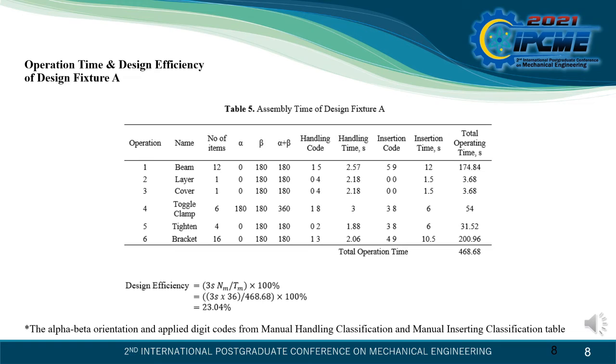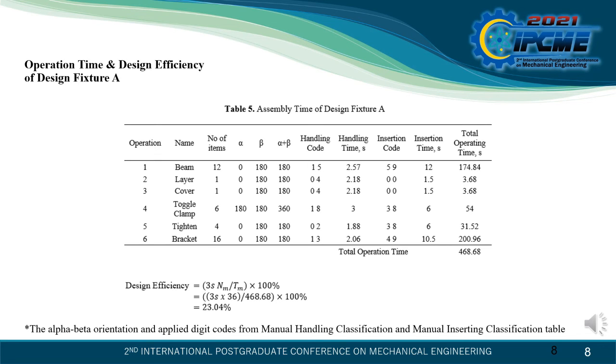The alpha and beta orientation method is attached at the end of this slide as a reference. Likewise, handling code, handling time, insertion code and insertion time can refer to the standard codes from the manual handling classification and also the manual inserting classification table that I already put in the reference as well.